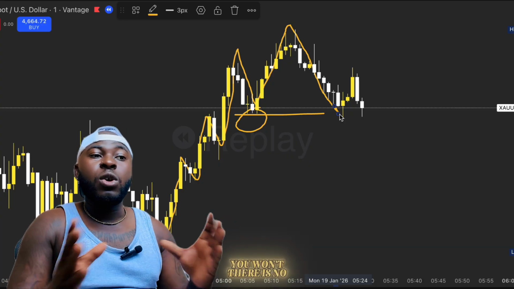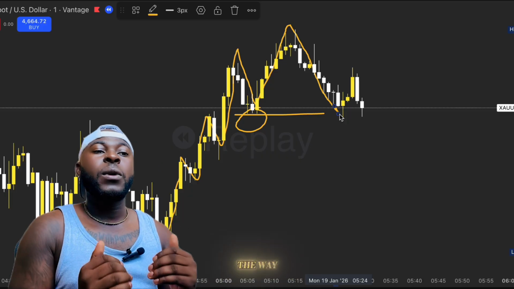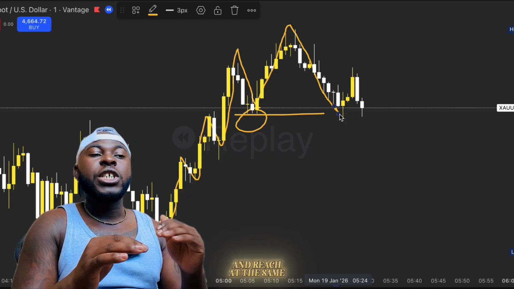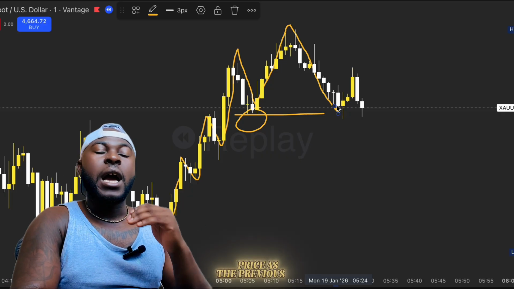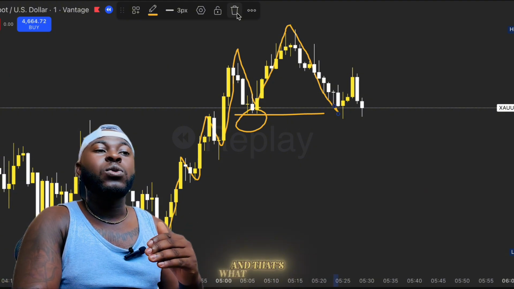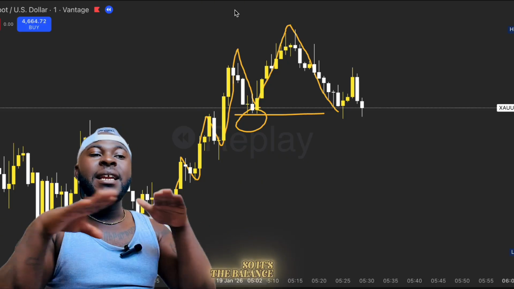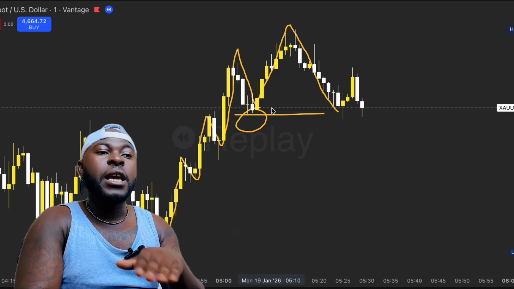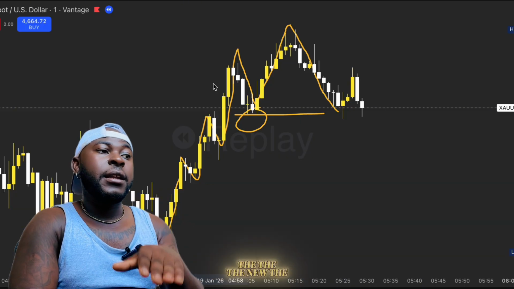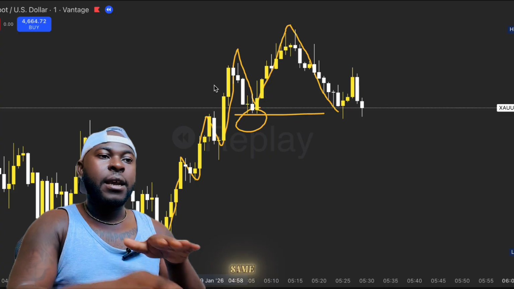There's no clear high or low anymore. The market just came all the way down and reached the same price as the previous low. That area is what we call the neckline, right? It's the balance level of these two prices, the previous low and the new low. They're all at the same level.